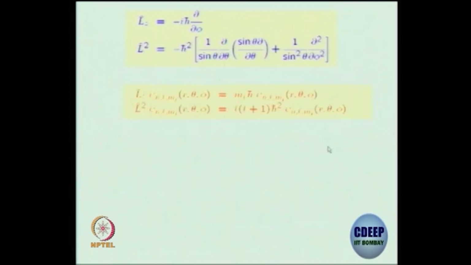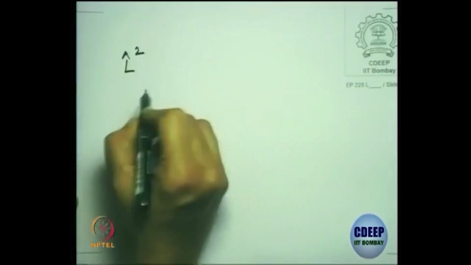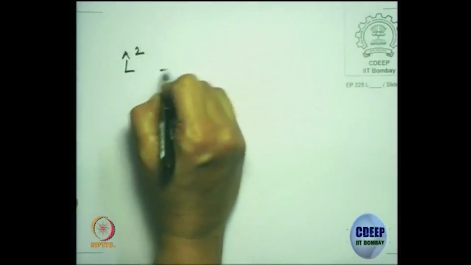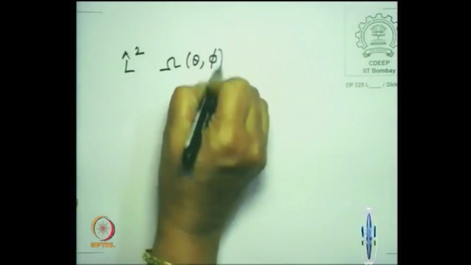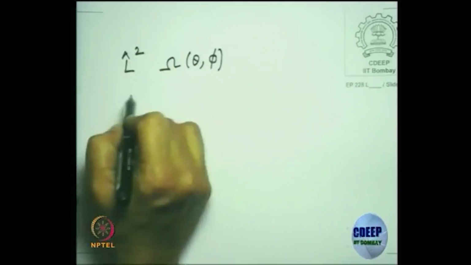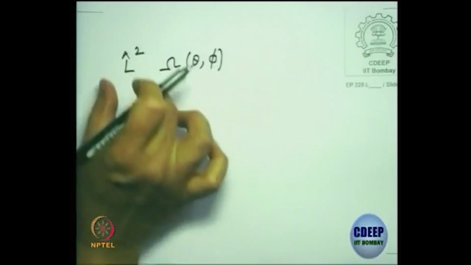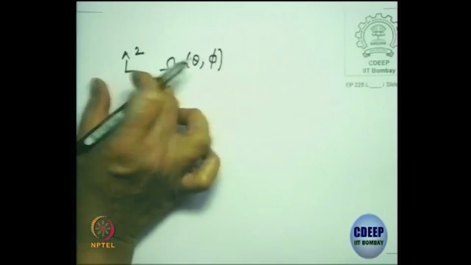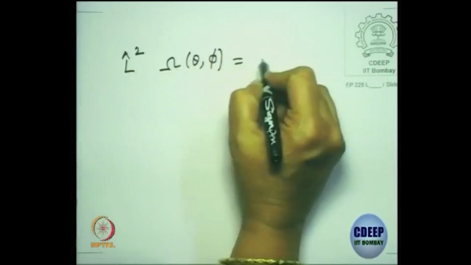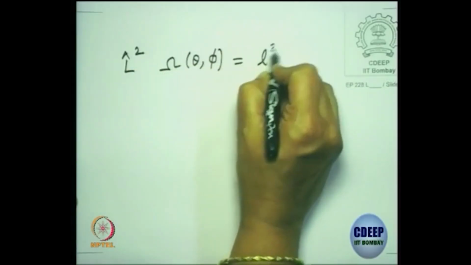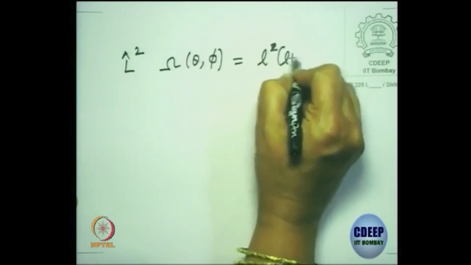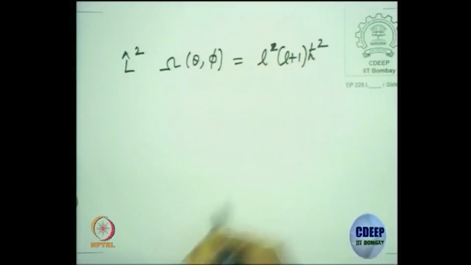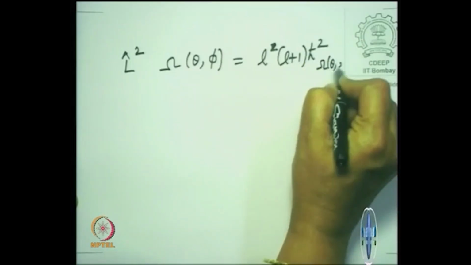So you will see that the L squared operator on omega of theta phi is exactly like the differential operator in front of omega of theta phi, and you can show that it gives L into L plus 1 times h cross squared on omega of theta phi.